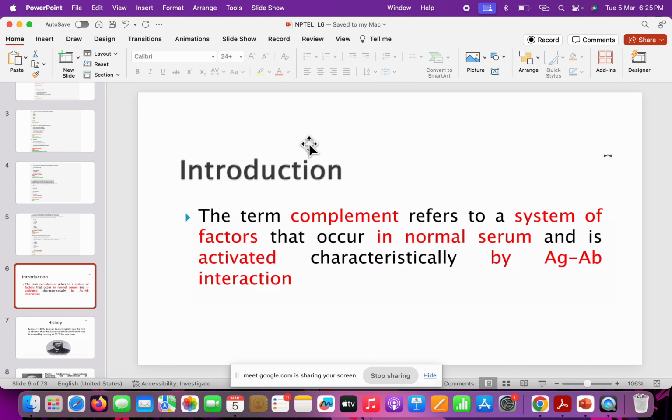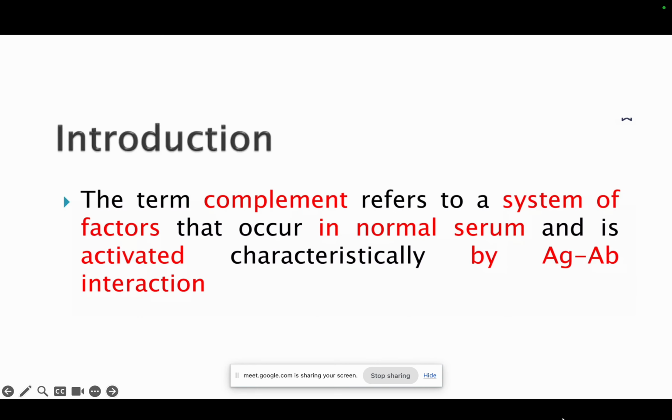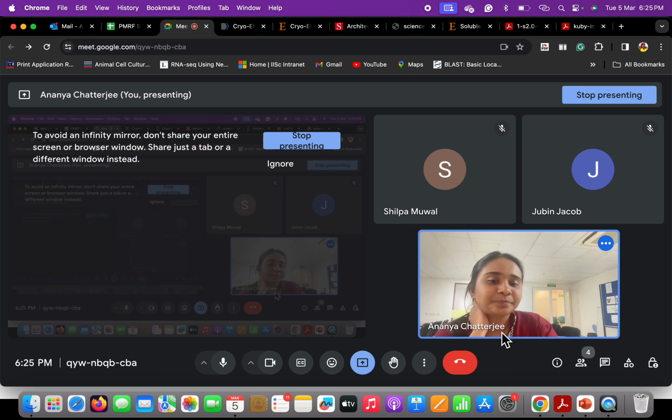Today we have started with the complement system. The term complement system refers to the system of factors that occur in serum. There are multiple factors present in the serum that are activated characteristically by antigen antibody interaction. This kind of system is called the complement system.